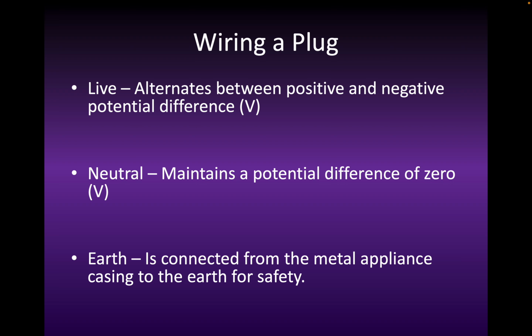Earth is also connected to, if something has a metal casing, like a kettle that's made of metal, a safety path directly from the surface of the metal appliance to the earth for safety. So it's an alternative safety route to earth rather than having to go through the neutral wire.